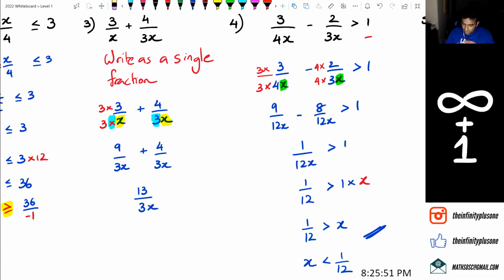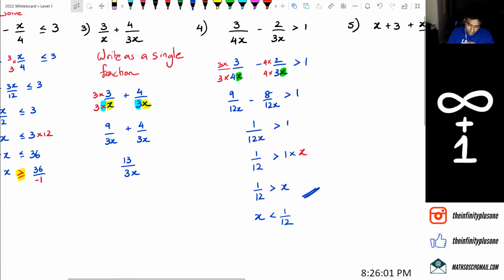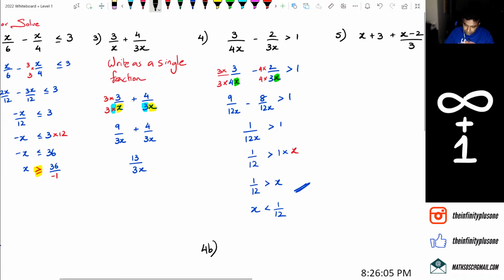So, why don't I actually do that question? Let's try question number 4 again, but let's do it as a merit question. I'll leave the working up there for you guys, but we're going to do 4B.